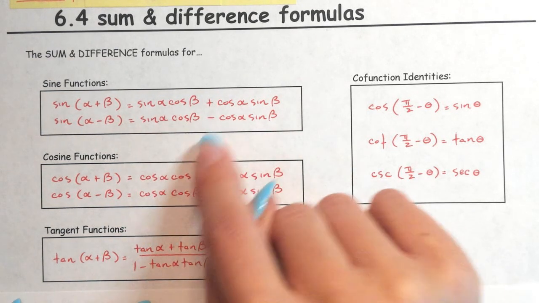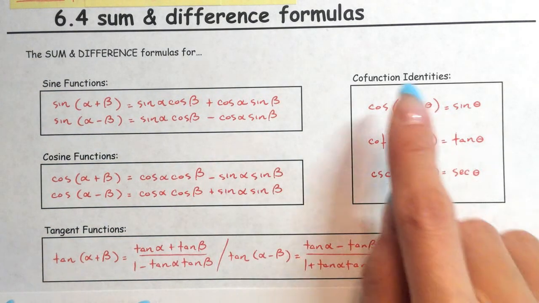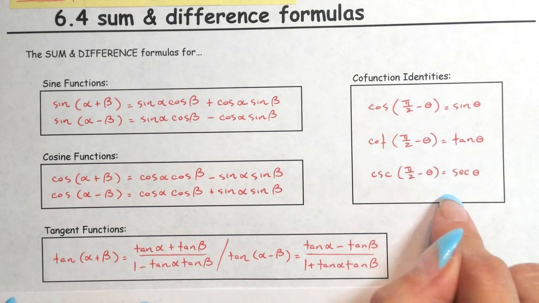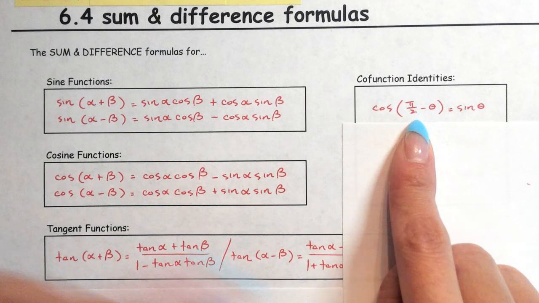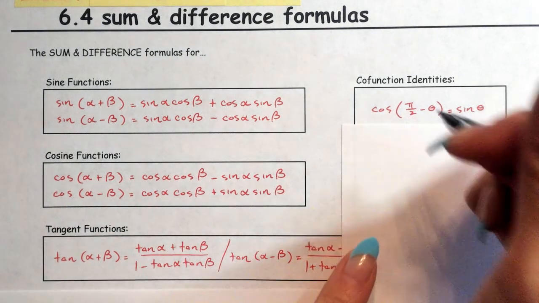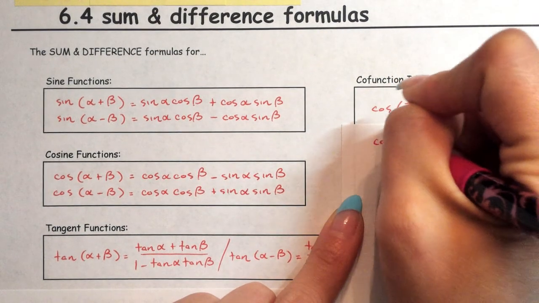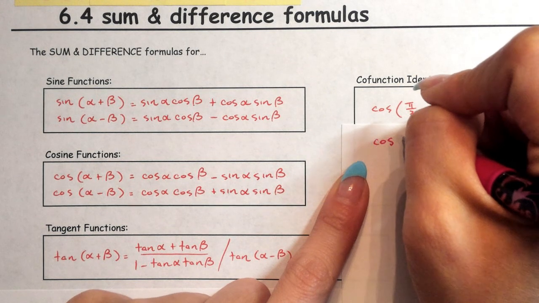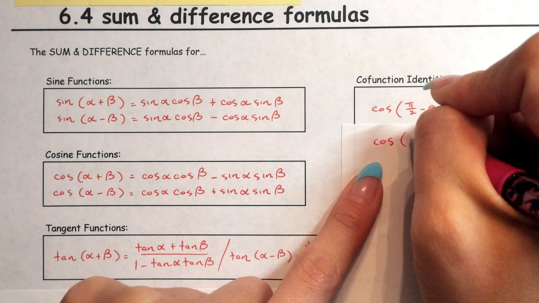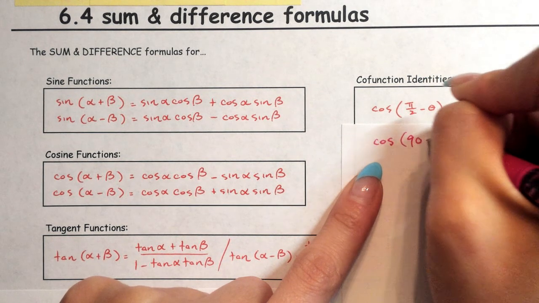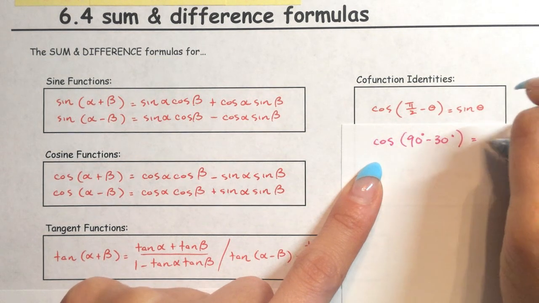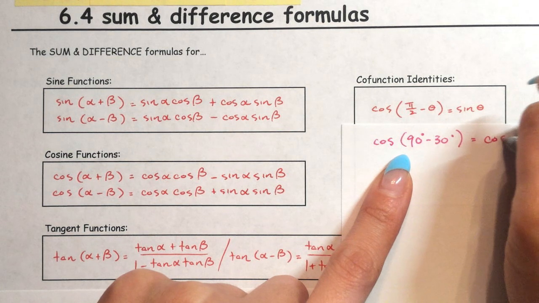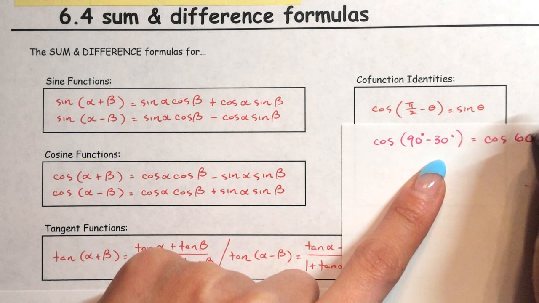In the beginning, it's kind of crazy looking. These cofunction identities are kind of hard to understand for a lot of us, but if I asked you about cosine of, let's say, 90 degrees minus 30 degrees, that would be the cosine of 60 degrees.